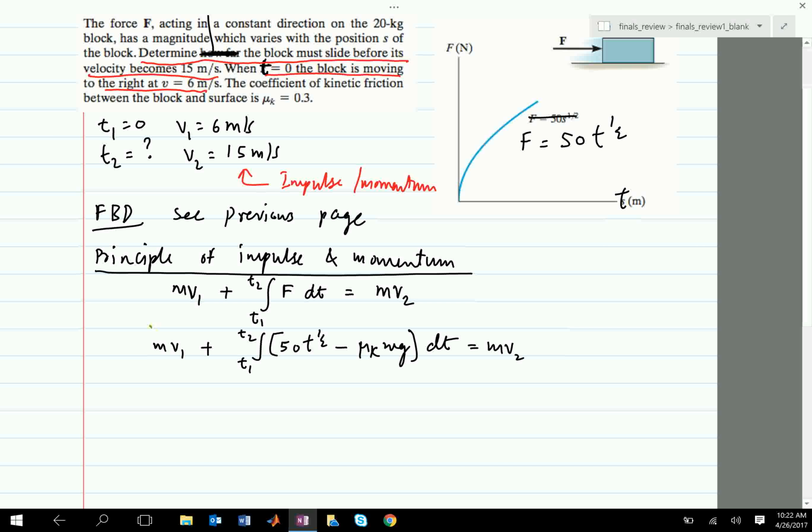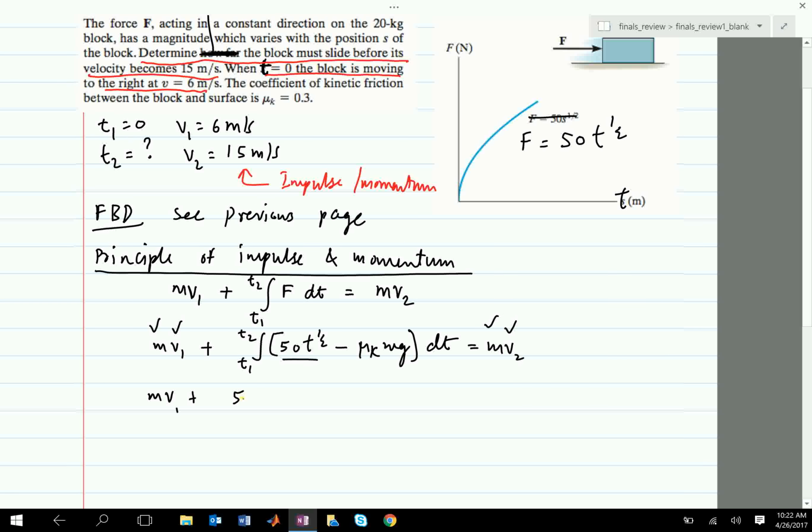Okay, so mass is known, v1 is known, v2 is known. Let me just write this down, but this is exactly the same expression as the previous one, except s is replaced with t.